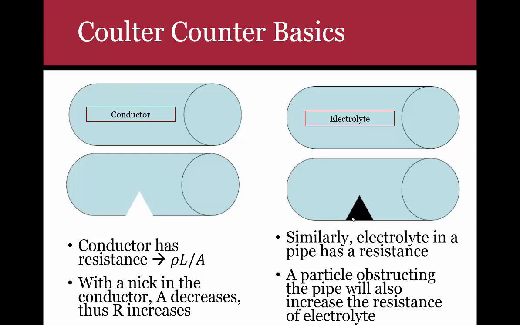So let's play a little thought game here. If this triangle was much bigger, it would take up more volume, more area, and even more length as well. So it would effectively change the impedance of this electrolyte even more because it's bigger.